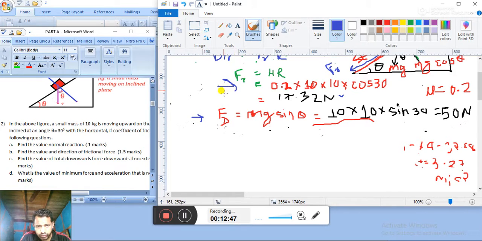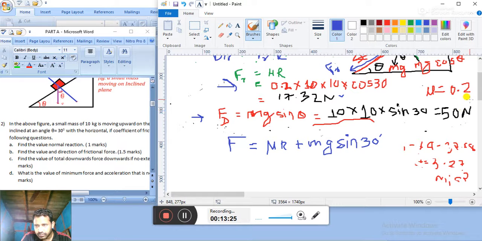So let me note down the total downward force. The sum of those two forces, the total force acting downward, equals mu R plus mg sin theta. Now plug in all those values and you will get the answer. Sin theta equals sin 30 degrees, because it is inclined at 30 degrees.